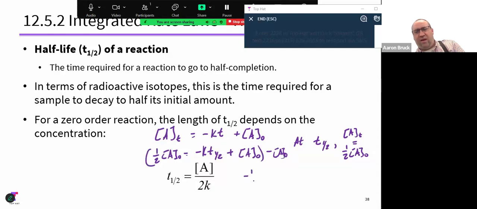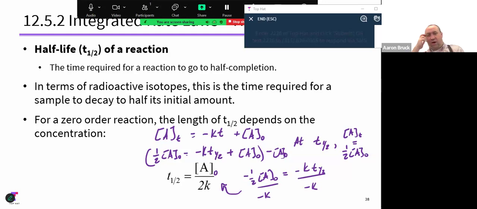I end up with negative 1/2 A is equal to negative K times T 1/2. If I divide each side by negative K, I end up with this equation here, where the half-life is equal to the initial concentration divided by 2 times the rate constant.